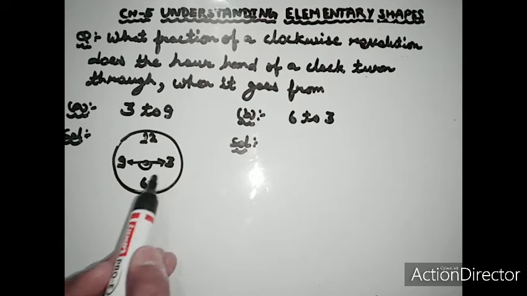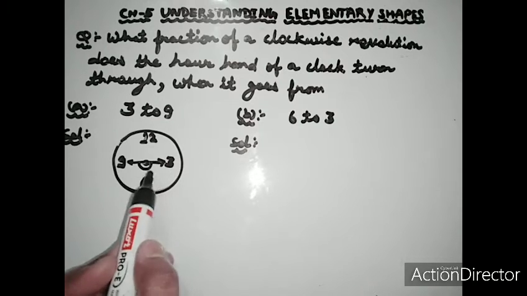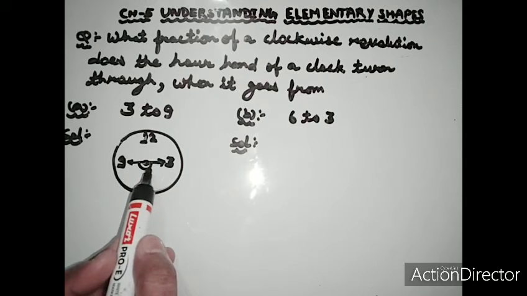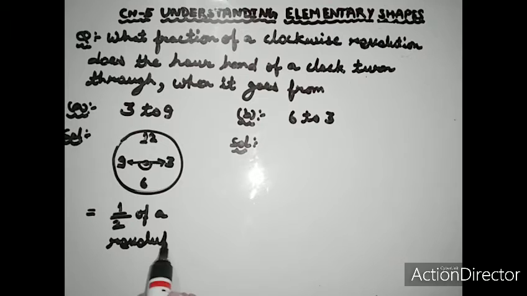It's the hour hand and it moves 3 to 9. The initial position is 3 and the final position is 9, and it moves 180 degrees. And you all know, students, when the hand of a clock moves 180 degrees, it means it moves half of a revolution. Here we write half of a revolution.